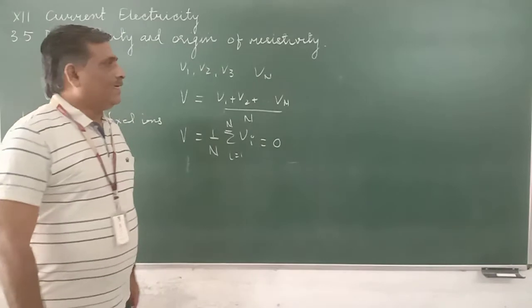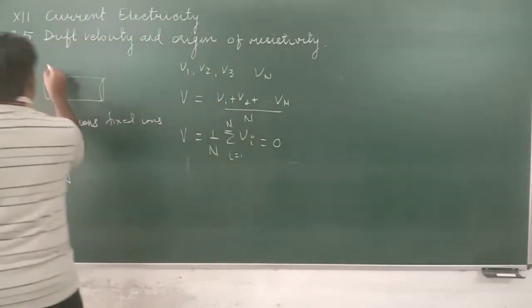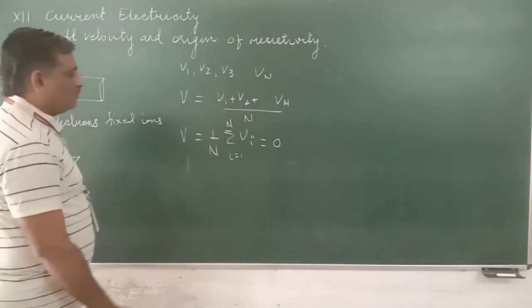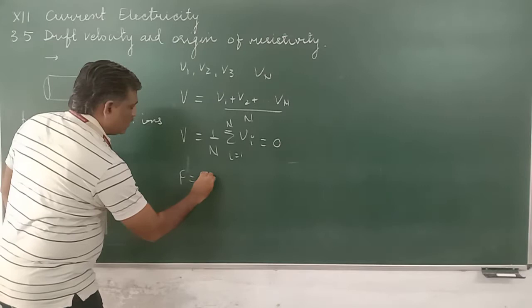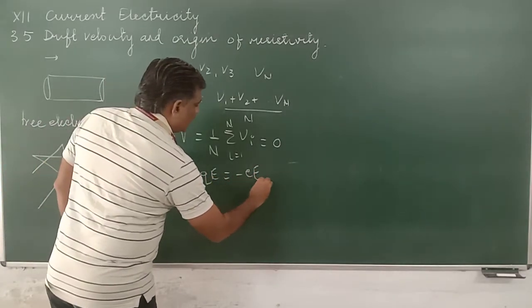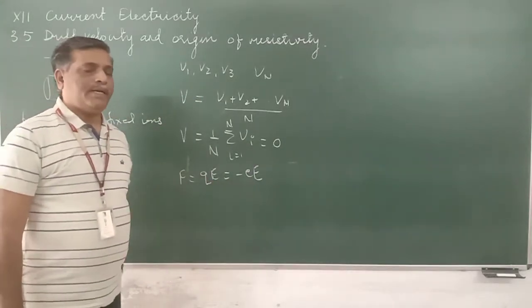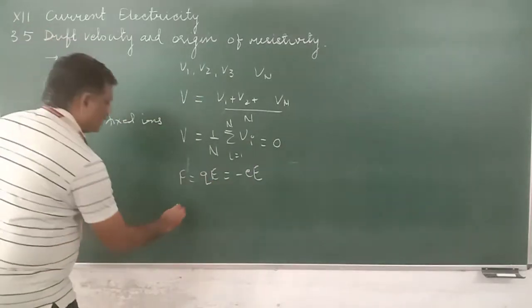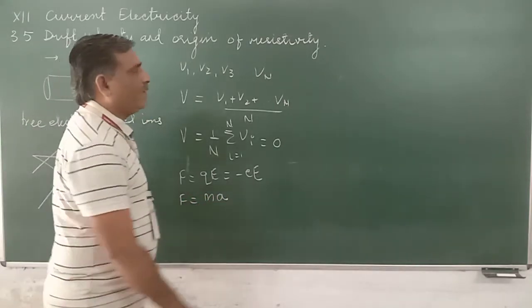Now suppose that an electric field is applied to the conductor. We all know there is a force due to the electric field, F is equal to qE, which is equal to minus eE, where e is the charge on the electron and capital E is the electric intensity. According to Newton's law, force is equal to m into a.